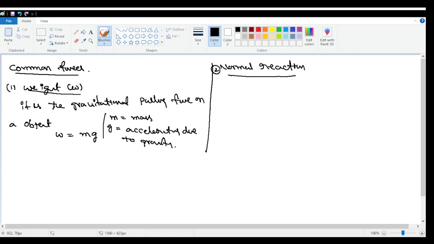As per Newton's law, for every action there is an equal and opposite reaction. So this force is the reaction force when two objects are in contact.